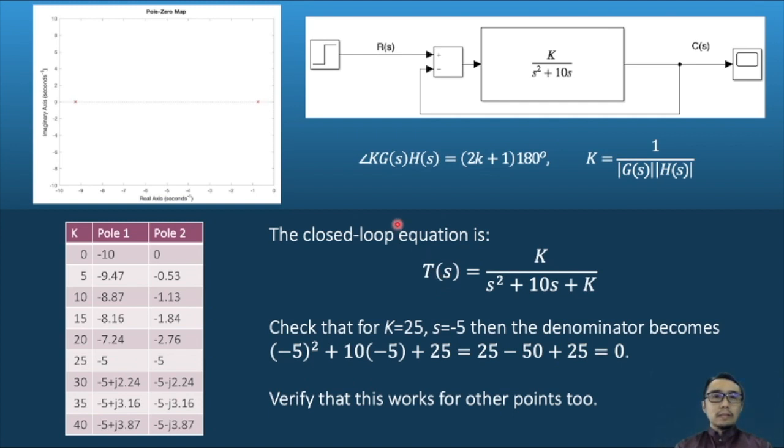So let's look again at this situation just to check our derivation just now. For this particular system, the closed loop transfer function is given by k over s squared plus 10s plus k, and we have obtained some values of that particular transfer function.